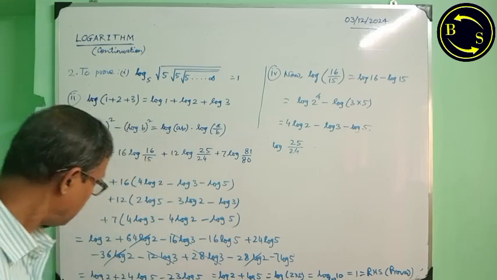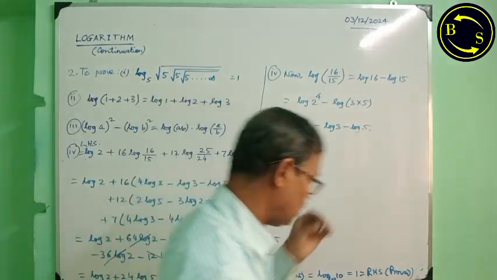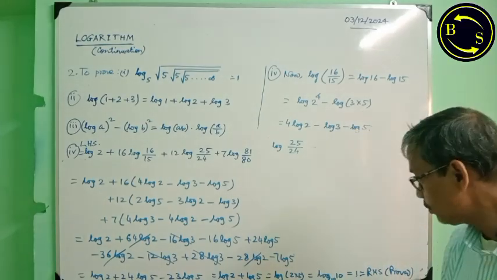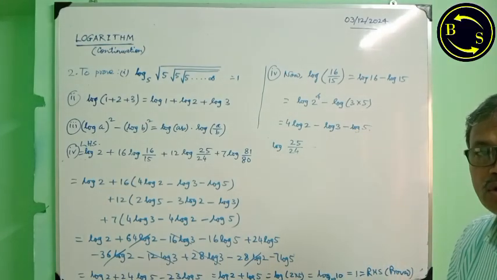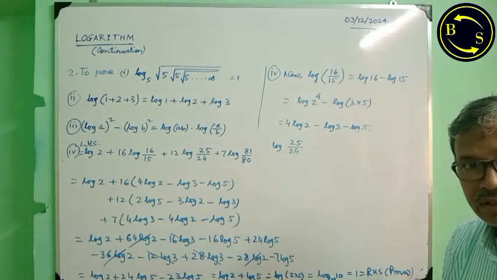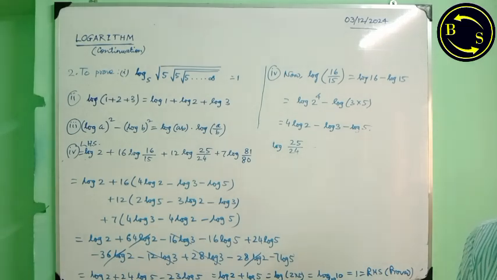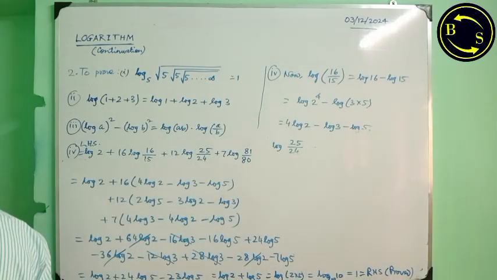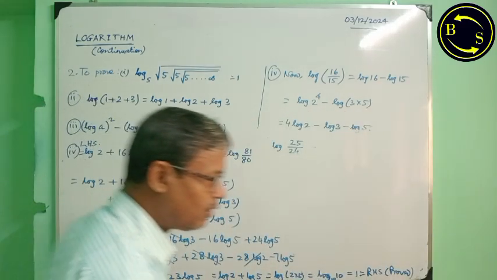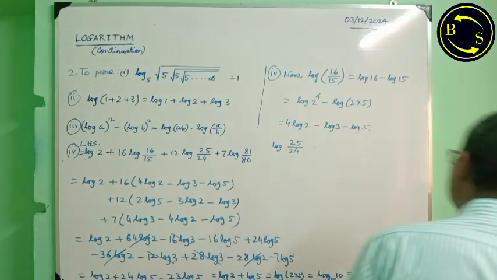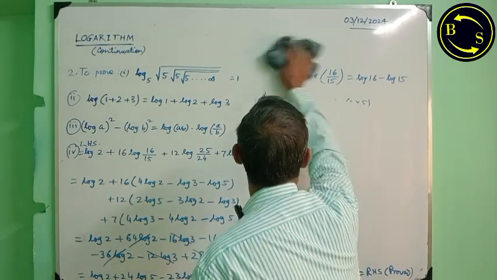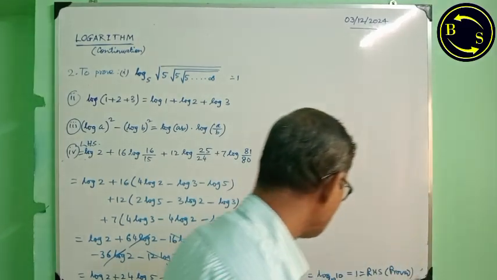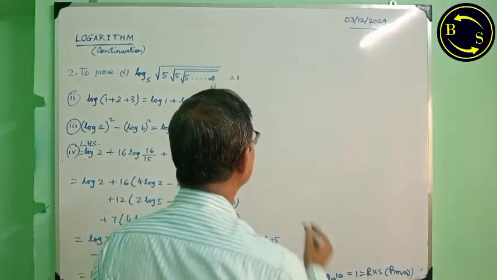Now, I have mentioned here base. When it is not mentioned in case of algebra, base will be taken as 10, which is called common logarithm or common base. When the base is 10, we call it common logarithm. This was introduced by Briggs. That is why we also call it the Briggsian logarithm or common logarithm.